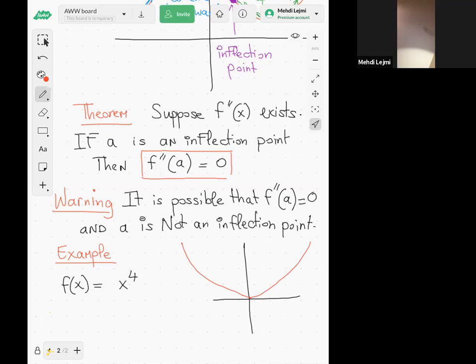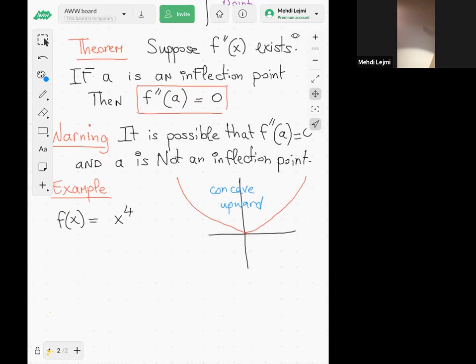So this is just concave upward. If you check, when is the second derivative 0? What's the second derivative? Well, first, the first derivative, f prime of x, is 4x cubed.